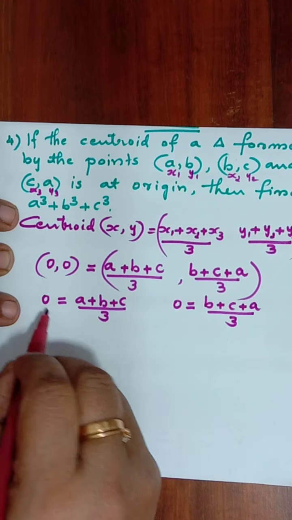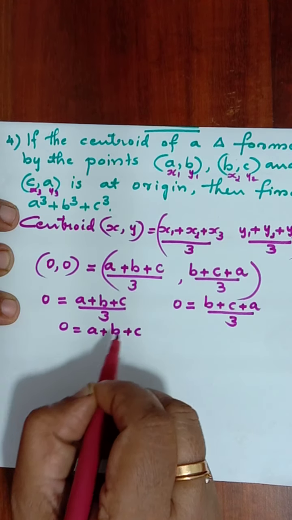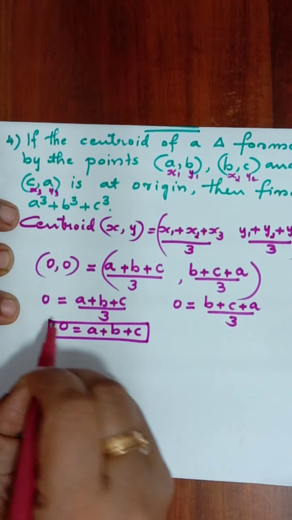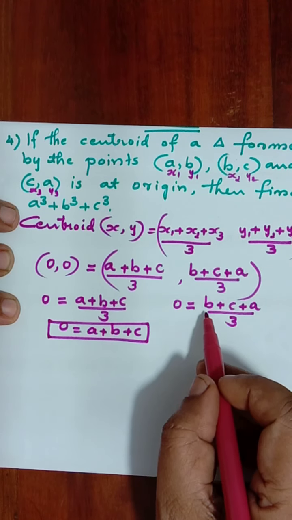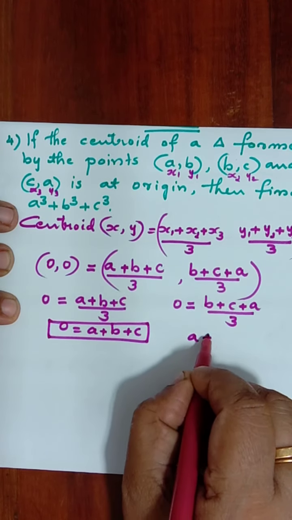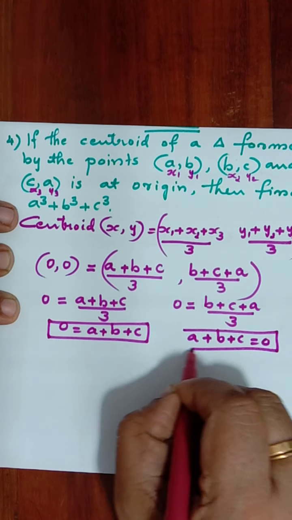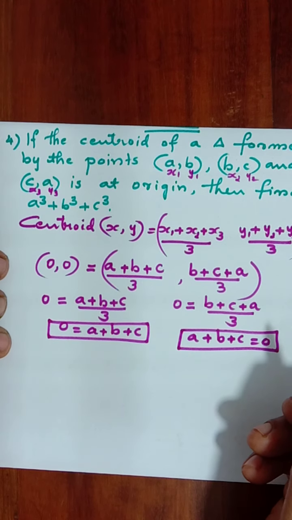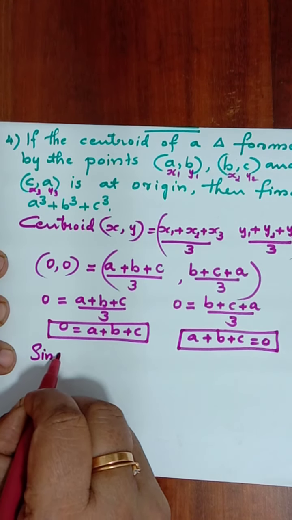So what happens? 3 into 0, 0. So A plus B plus C equal to 0. In this case also A plus B plus C, same as B plus C plus A. A plus B plus C is equal to 0. In 9th standard you have learned a formula.